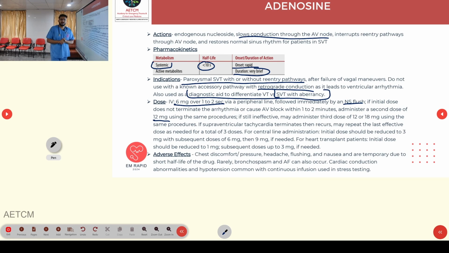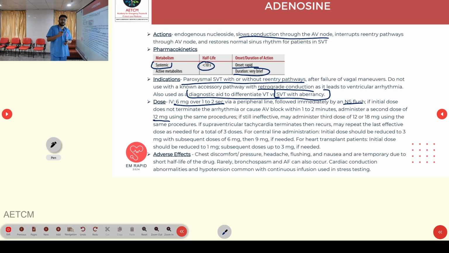If the SVT terminates and then again recurs, we give the last effective dose, and such doses, 3 doses, can be given maximum. For central line administration, we should only give half dose, that is 3 mg initially, followed by 6 mg, 9 mg, and for heart transplant patients, an even lower dose should be given, 1 mg, and then we can repeat it as 3 mg.